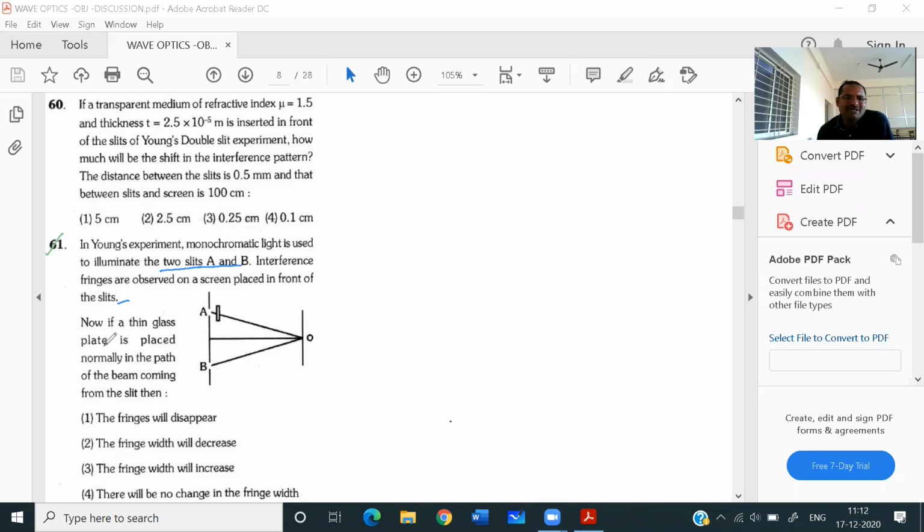Now if a thin glass plate is placed normally in the path of a beam coming from the slit, then what happens? The fringes will shift to the side where this glass slab is placed.